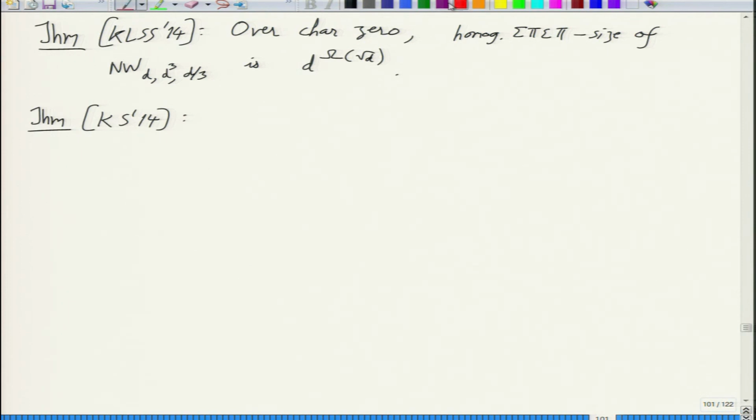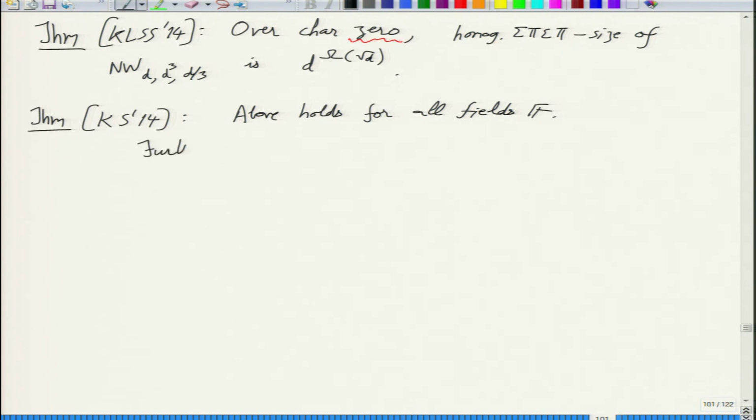Here characteristic 0 is needed because the lower bound goes through some real analysis. Kumar and Saraf then proved it for all fields. So the above holds for all fields F, with no restriction on the characteristic.